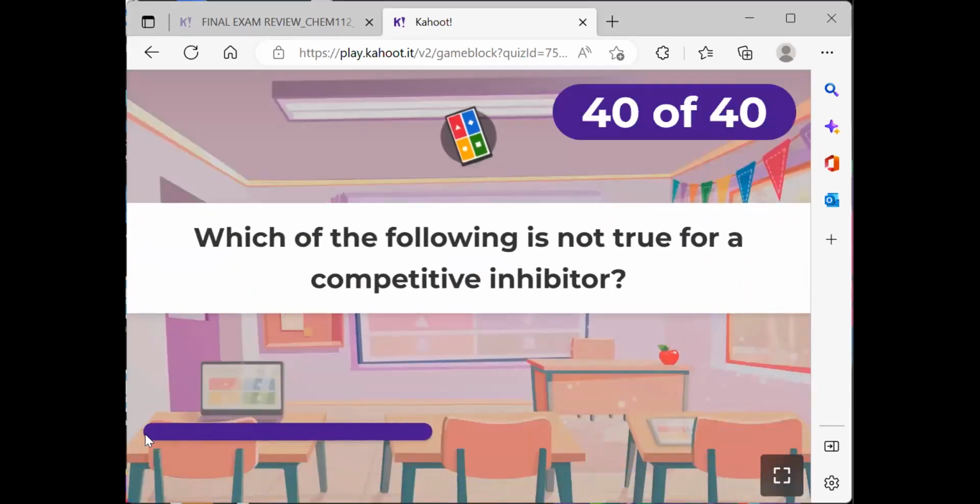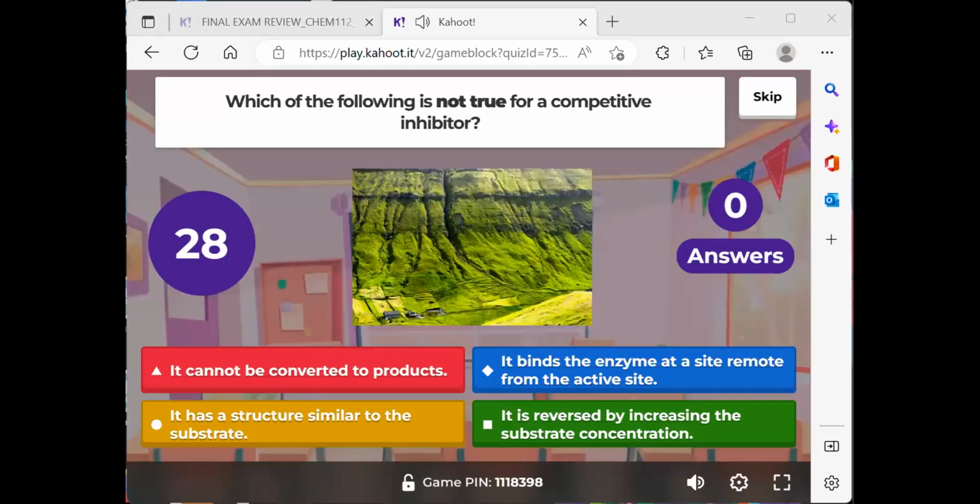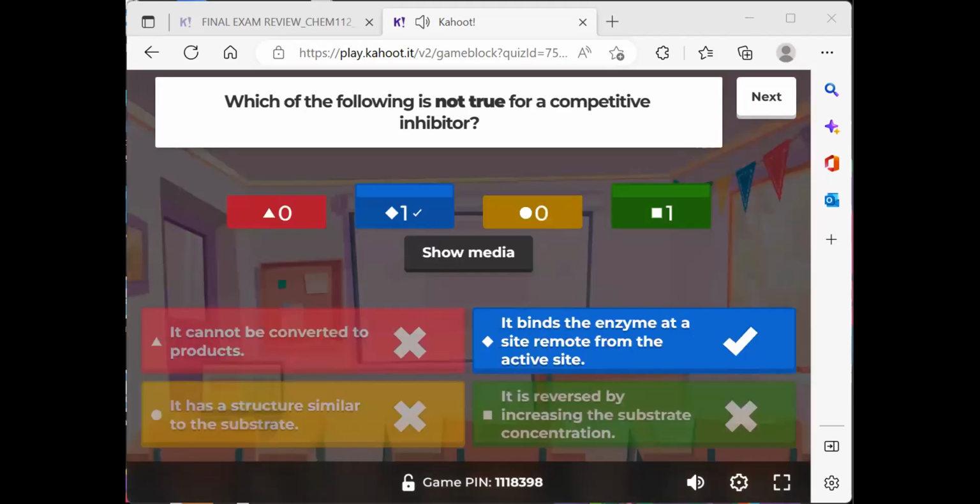And last question. So again, when it comes to inhibitors, this is information that is on slide 23 for the chapter 10 quiz, okay?